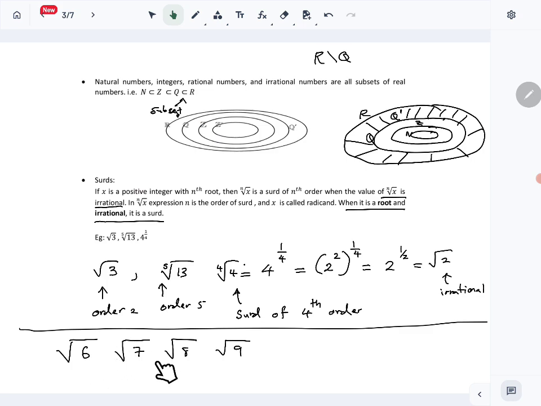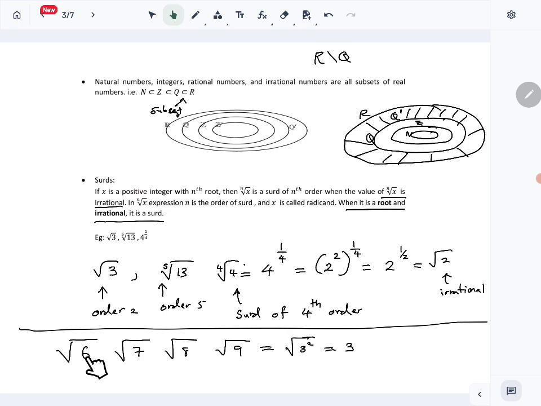If the number inside is not a square number, these numbers are going to be surds because they are going to be irrational. But if the number inside is a square number, like 9, 9 can be written as 3 squared. So this is a square number, so this becomes 3, no? So any number that is a square inside, it won't be irrational. It's not going to be a surd because you get a rational number back.